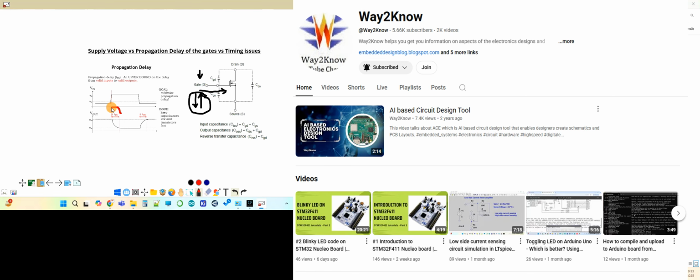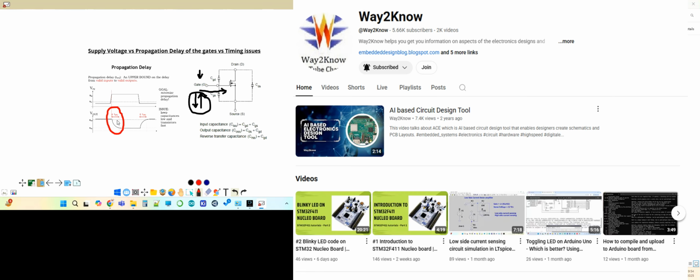The propagation delay we see here is the time the signal takes to reach its level, because there is some capacitance associated, and the R and C time constant plays a role in the rise to its level. So for the output, you can see its required level, and the time for that should always be less than or equal to the propagation delay. This particular condition should always be met.